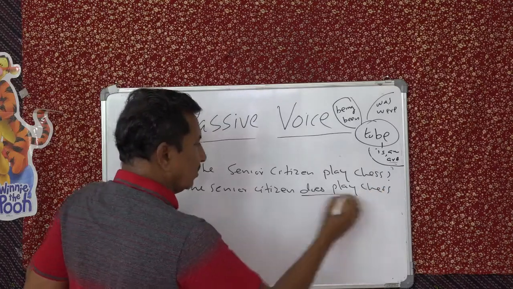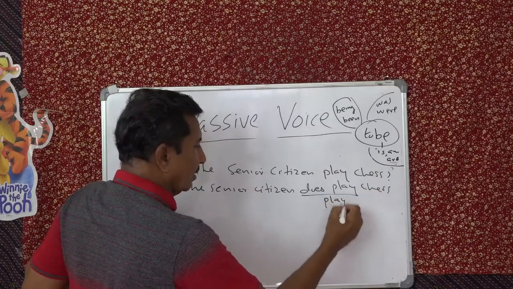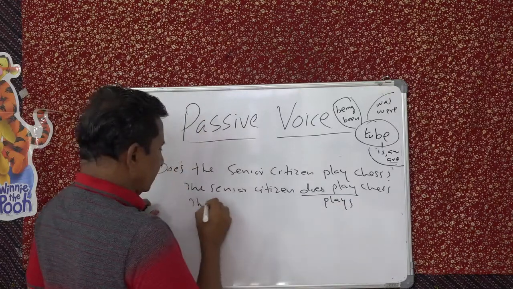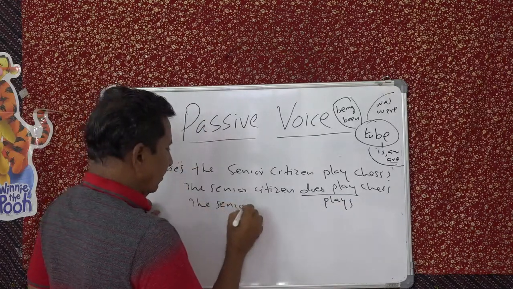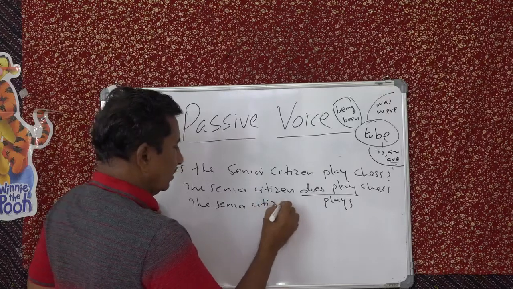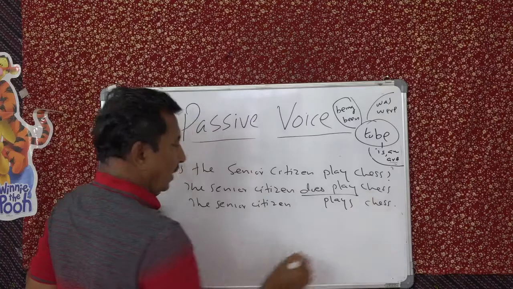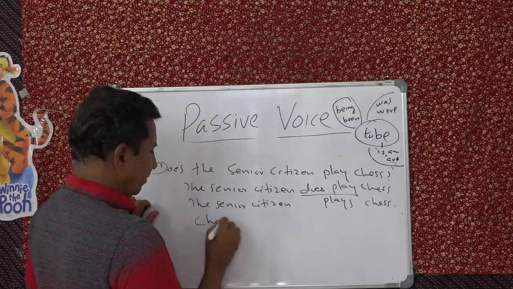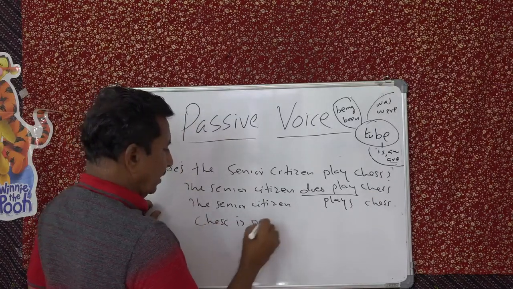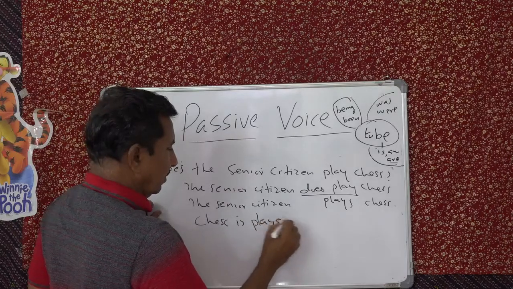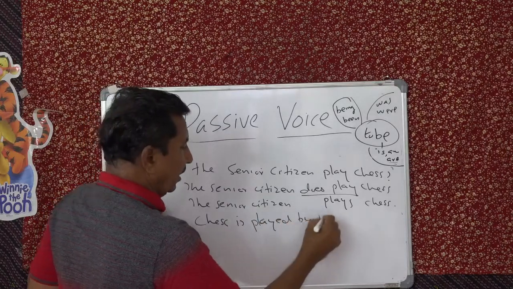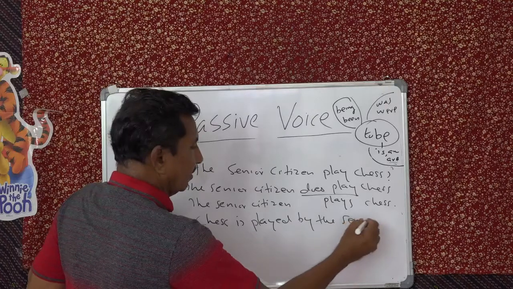Does play is equal to plays. So, the senior citizen plays chess. Passive: chess is played by the senior citizen.